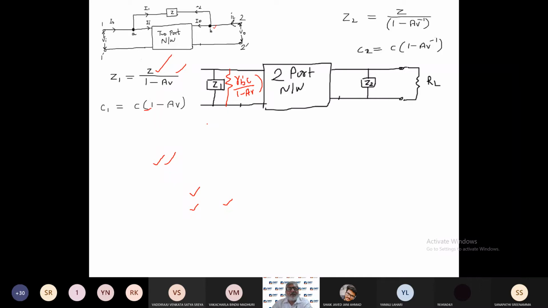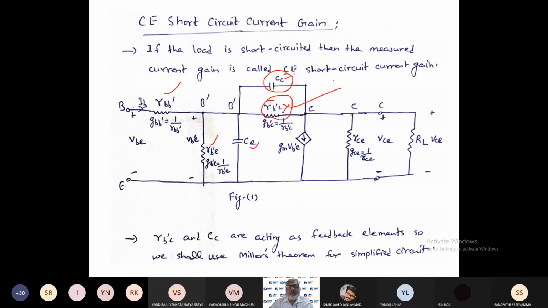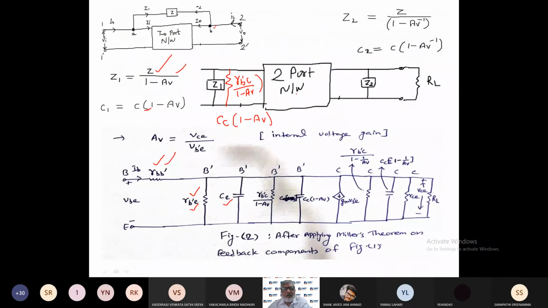And for the capacitor, we are having capacitor CC into 1 minus AV. Okay. So in this way, at the input side, this CC and this RB'C will be represented by using Miller's theorem. So you can find here this RB'C by 1 minus voltage gain. Then CC into 1 minus AV, this. Okay. Now you come to the output side.